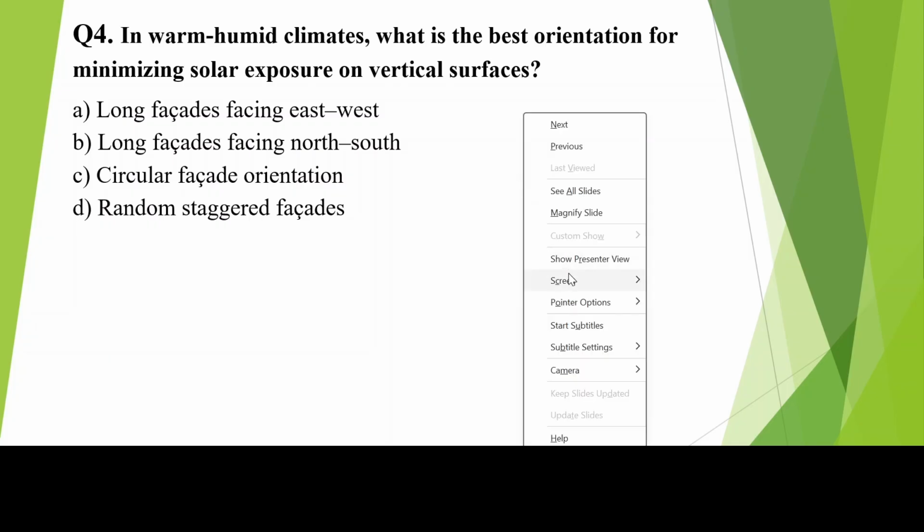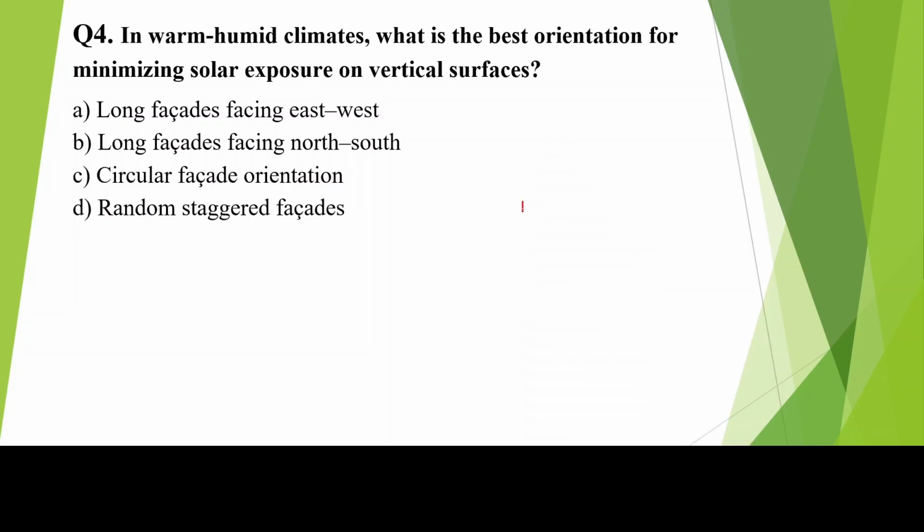If you draw here north, here south, and this is east, this is west, when your building form has long facades facing north and south, since shading the east-west facade is difficult in warm and humid regions, orienting the longer side north-south reduces the heat gain, while overhanging roofs can be employed to protect them more effectively.